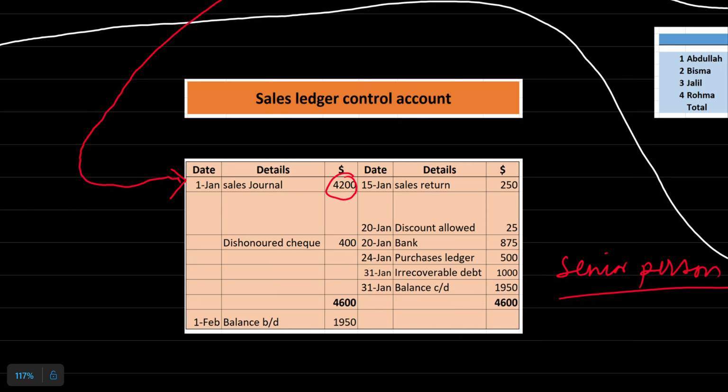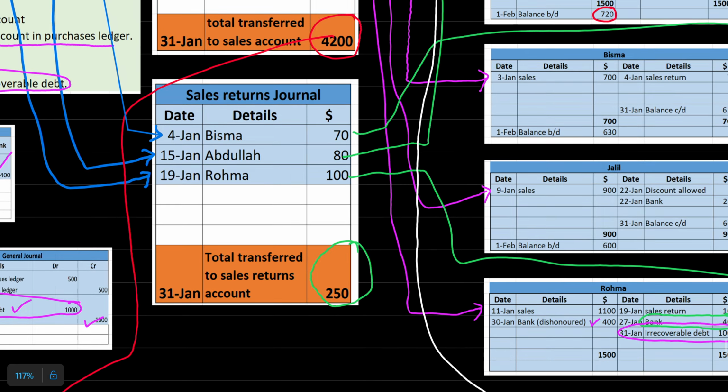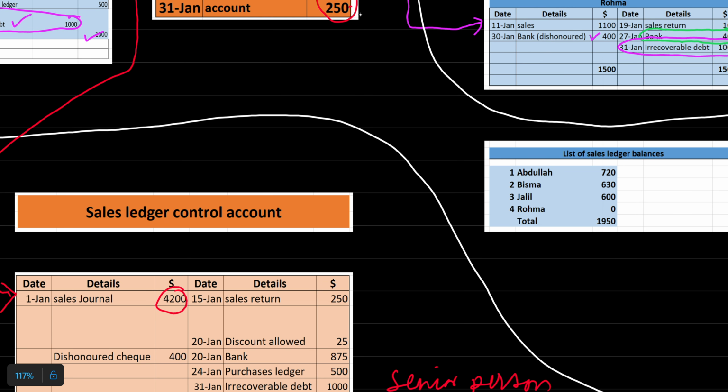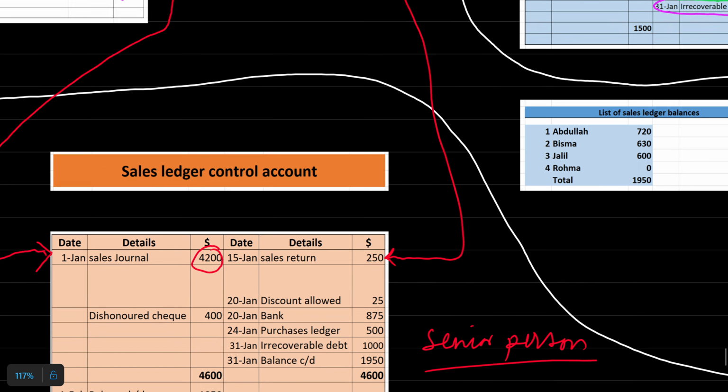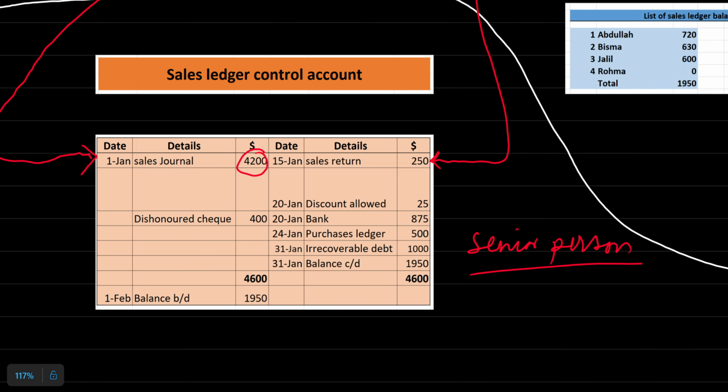This is the total of the sales journal. Similarly, we have already prepared a sales returns journal and the total is 250. This total will be posted on the credit side of the sales ledger control account.